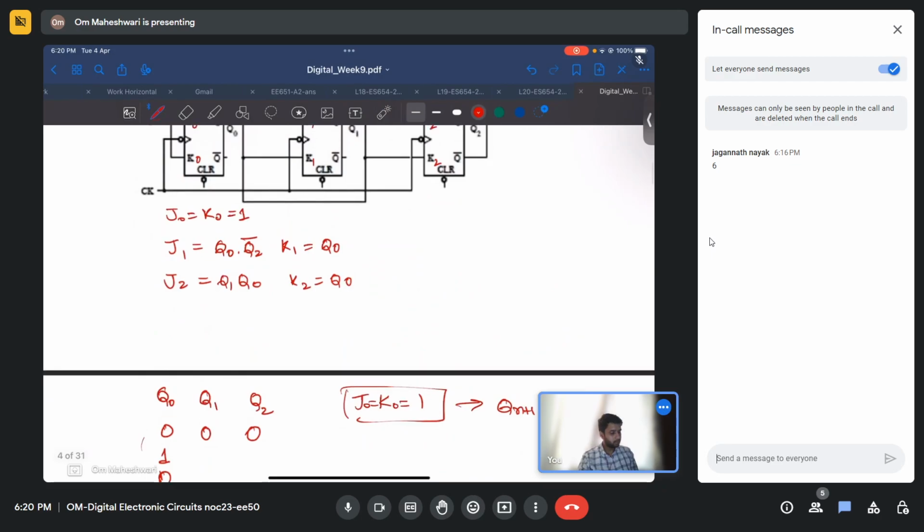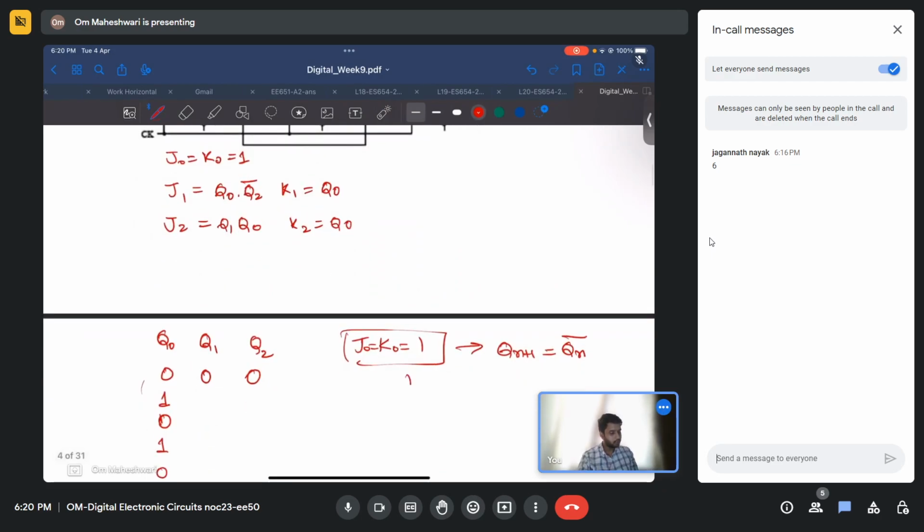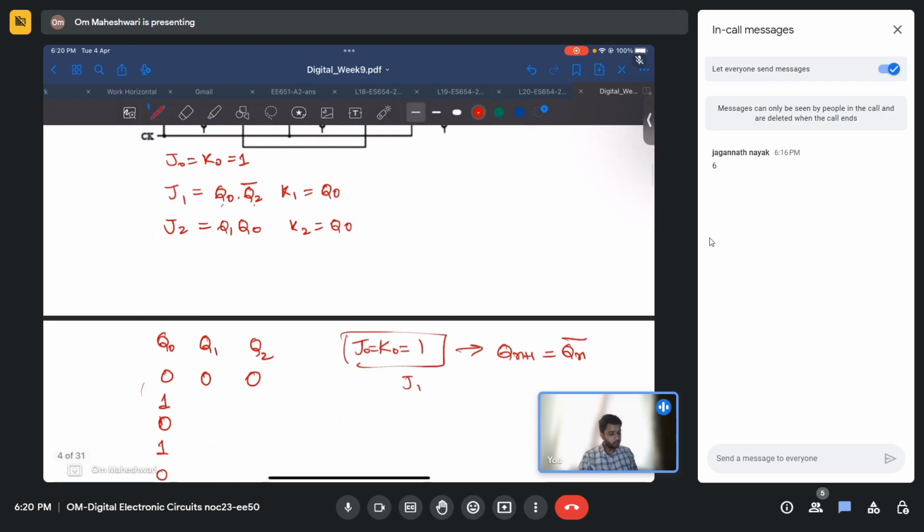Okay, now we have to find Q1. For Q1 we have to see what J1 and K1 are, right? J1 we saw is Q0 Q2 bar. Q0 is 0, Q2 bar will be 1, so J1 will be 0. K1 is Q0, that is also 0. On 0 0 it will retain its old state, there won't be any change.